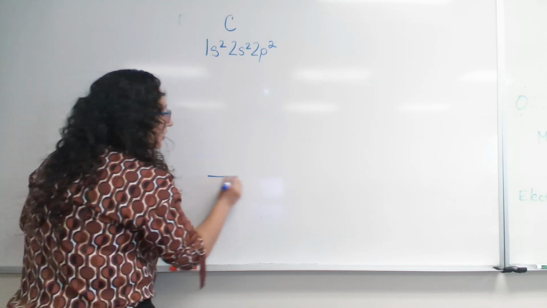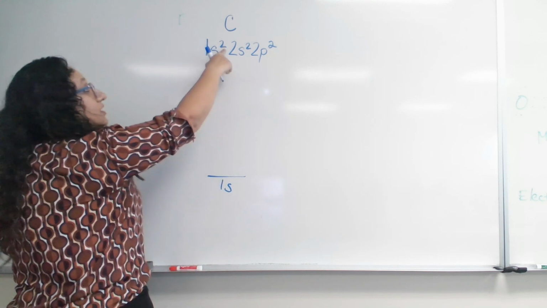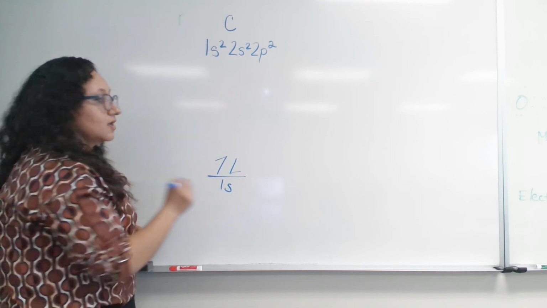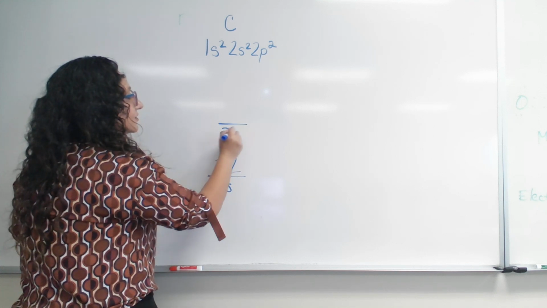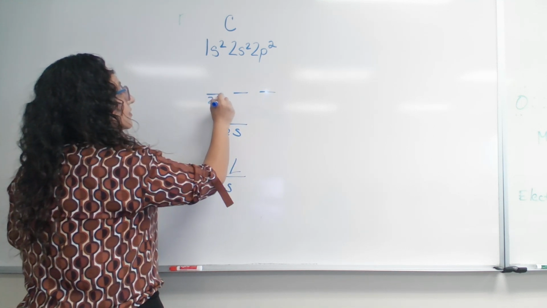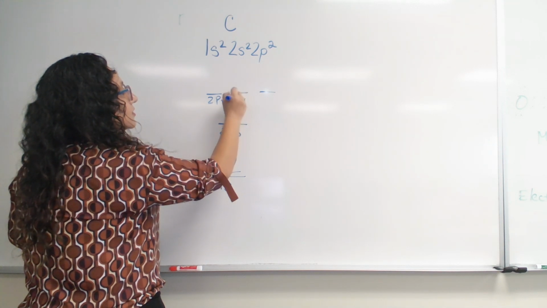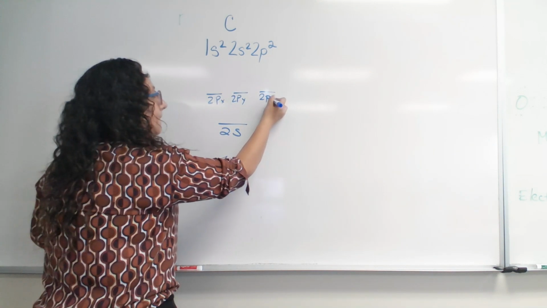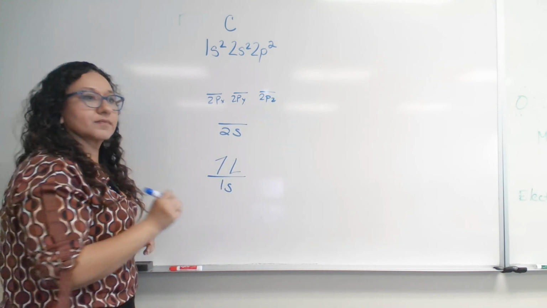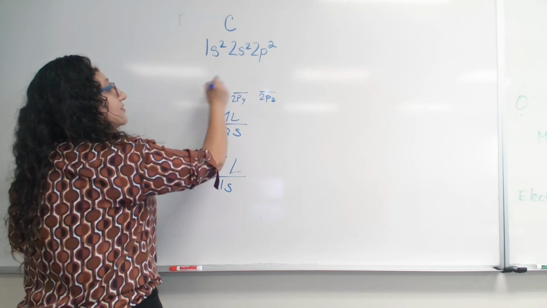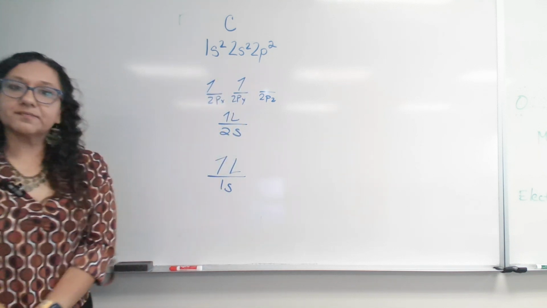So we have a 1s that has 2 electrons. Then we have a 2s, and then we have a 2p. We're going to call it 2px, 2py, and 2pz. We have 2 electrons in our s, and in our p's, we have this.